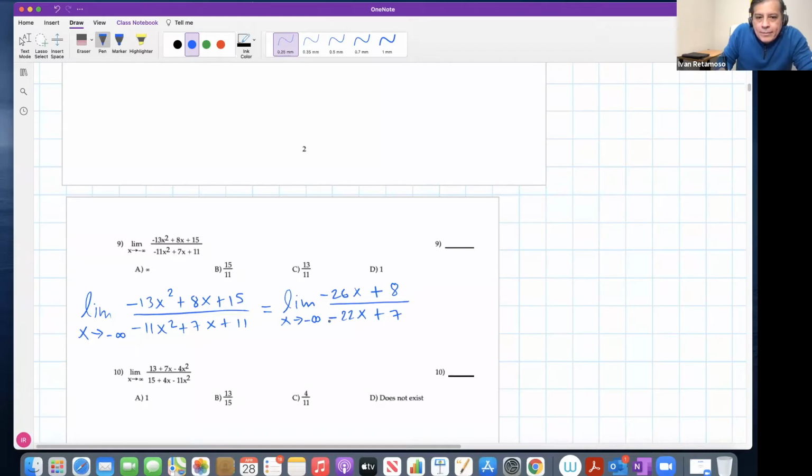But now, if you replace negative infinity here, you're going to get infinity, again infinity, so it still is not well defined. So you apply L'Hopital's rule again.